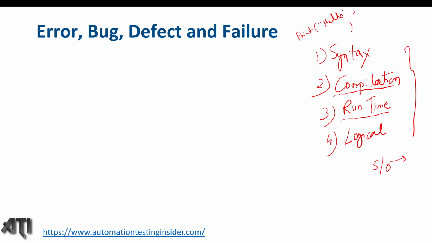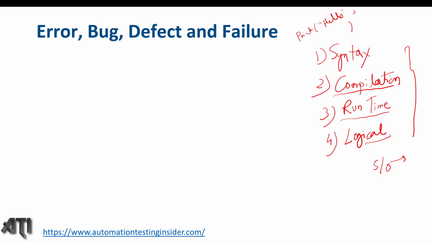Or suppose we are calling an invalid function in the program. Because of that, we will get a runtime error. So these are the different examples of runtime error, guys. In runtime error, we are able to compile the code, but we are not able to run the code.